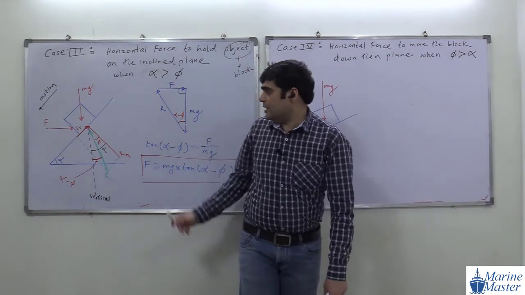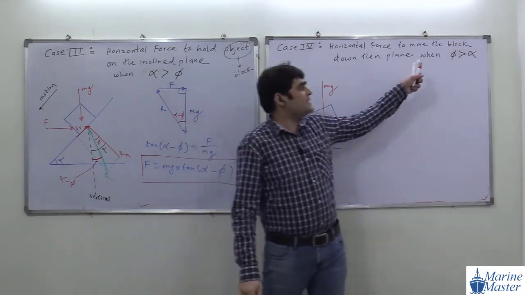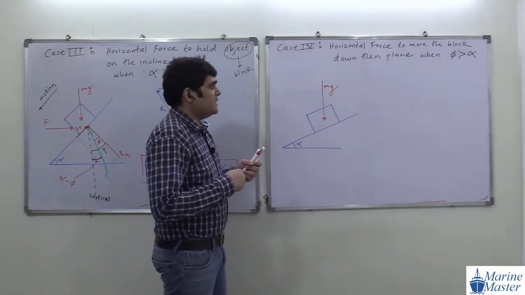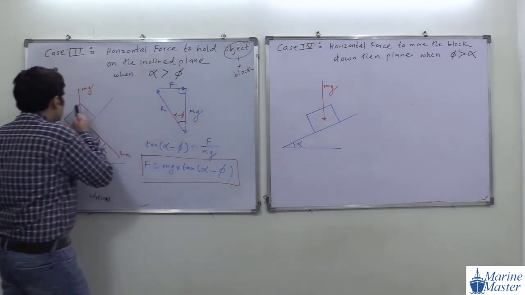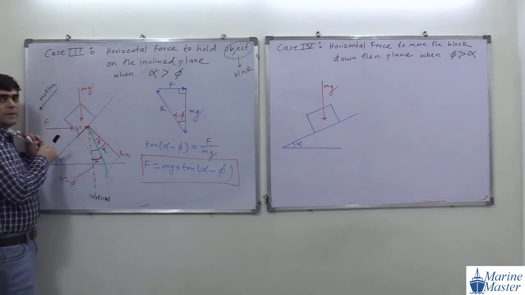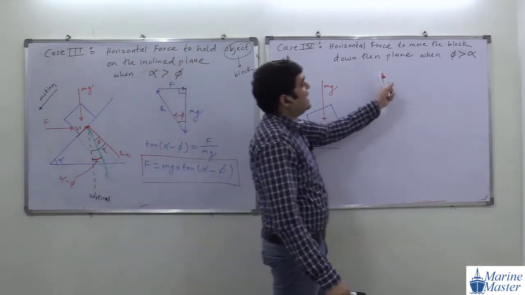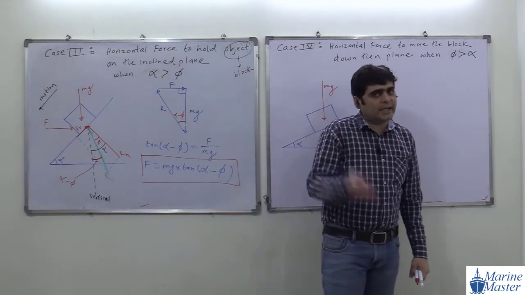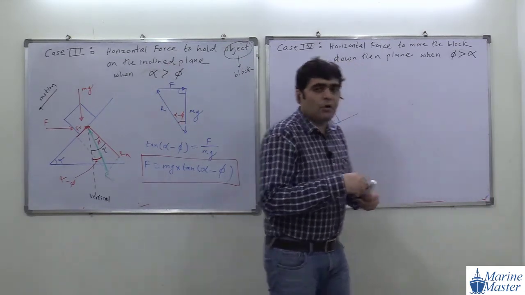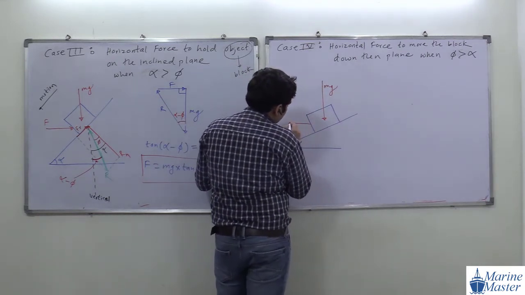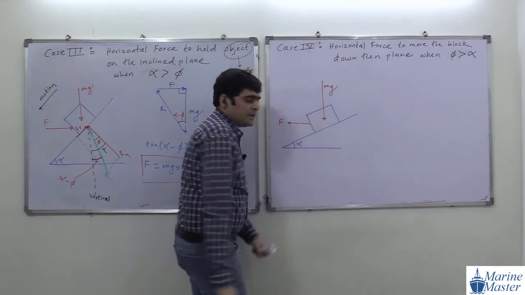In the earlier scenario alpha is greater than phi, and in this scenario phi is greater than alpha. So what is our target? In the earlier scenario the object goes down automatically because alpha is greater than phi. But here, as phi is greater than alpha, the object will not go down automatically due to its own weight. If you want to move the object down, we have to apply a horizontal force like this.